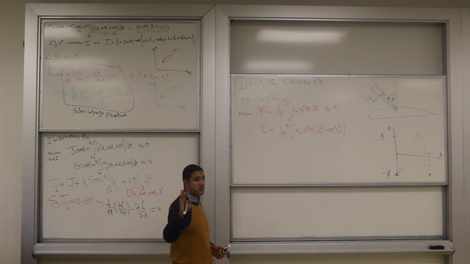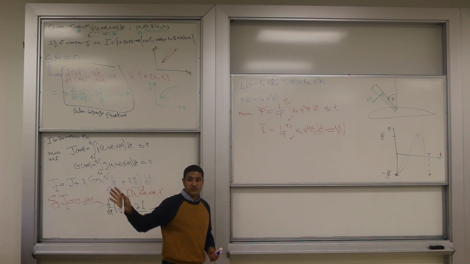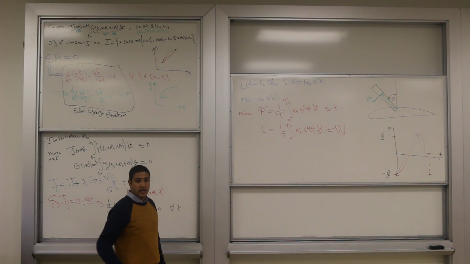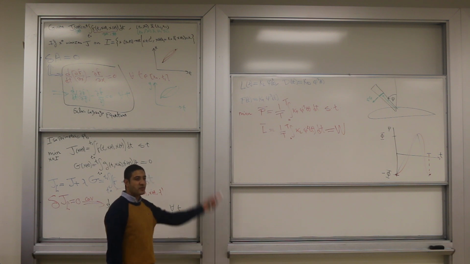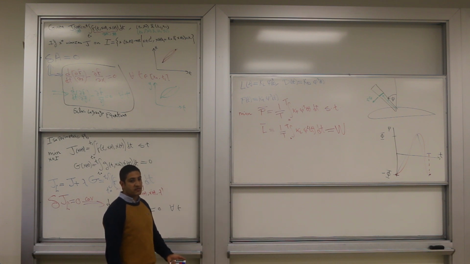So up to this point, this is just physics. Somebody is describing to you their own problem in research, and now you, as a mathematician or a good engineer or someone who took this course, should be able to solve this problem. Do you see this problem as a calculus of variations problem or not? Yes.